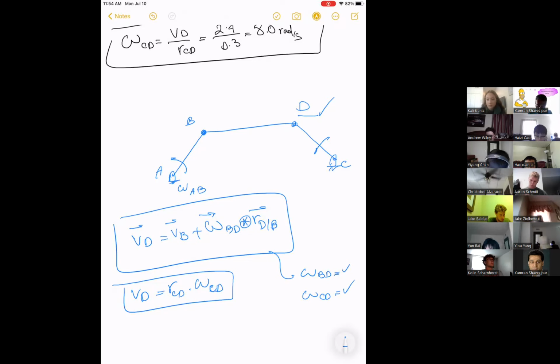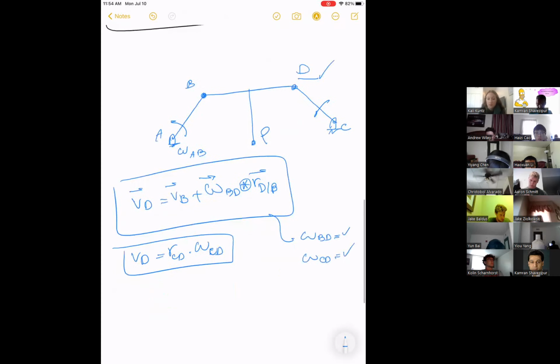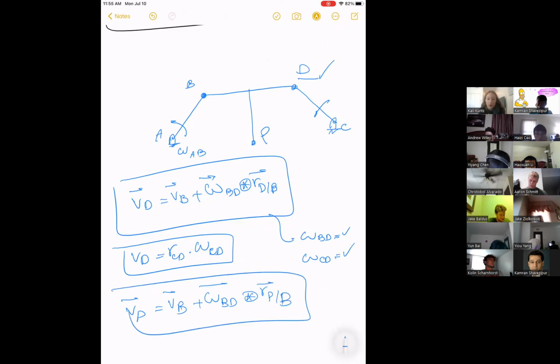Now, if you want to find velocity of point P, you have to write this equation one more time. For example, VP is VB plus omega BD cross R_P/B. Do this one more time.